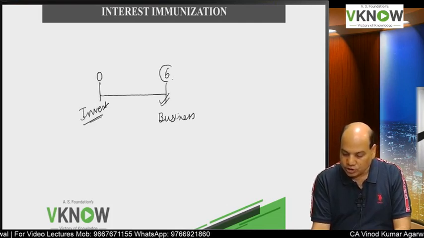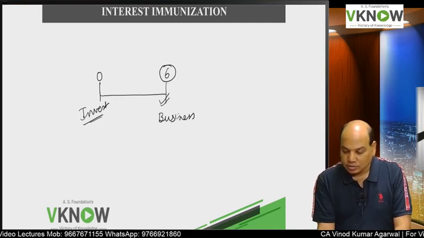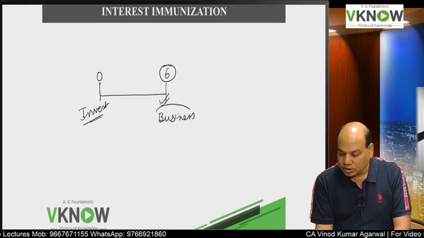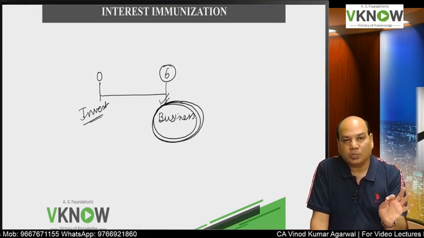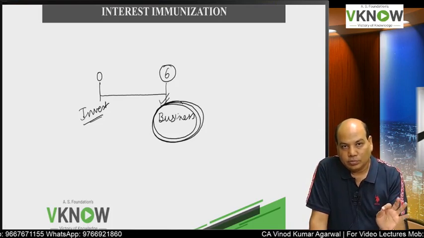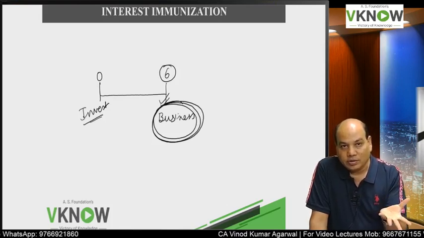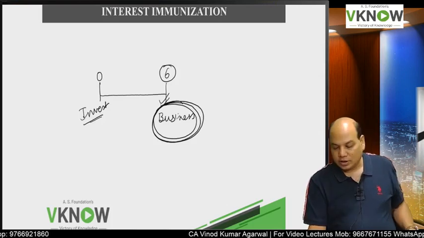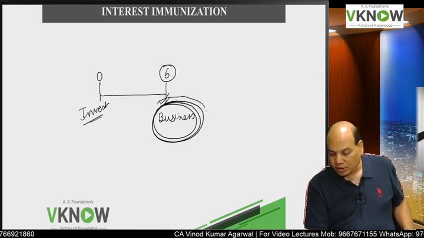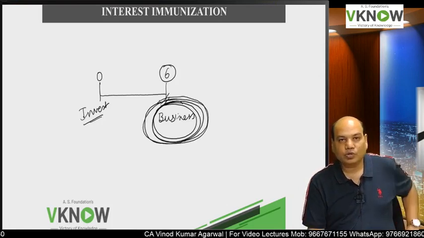You want to sell the bond after 6 years, so you are carrying a risk that your desired amount of money at this point may not be realized. Either the interest rate may fall or the interest rate may rise. So you have to ensure that whether the interest rate falls or rises, you should be able to achieve your desired target value over here.